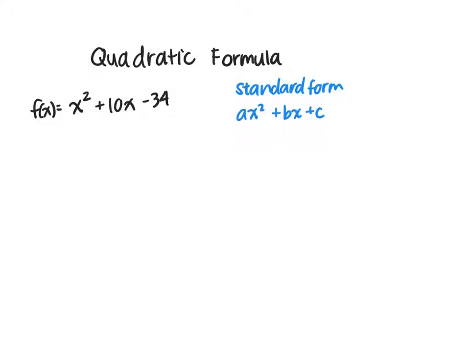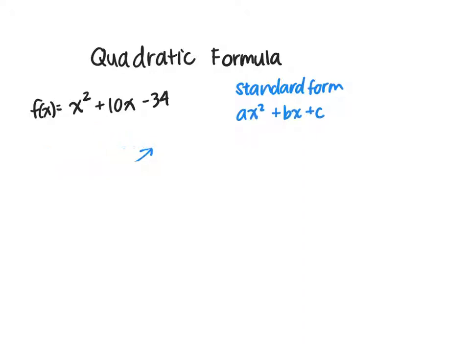In order to use the quadratic formula, it does need to be in standard form. So if your equation was something like 34 equals x squared plus 10x, we would have to move that over here by subtracting 34 on both sides. Okay? But because our equation's already in that form, let's go ahead and solve it.